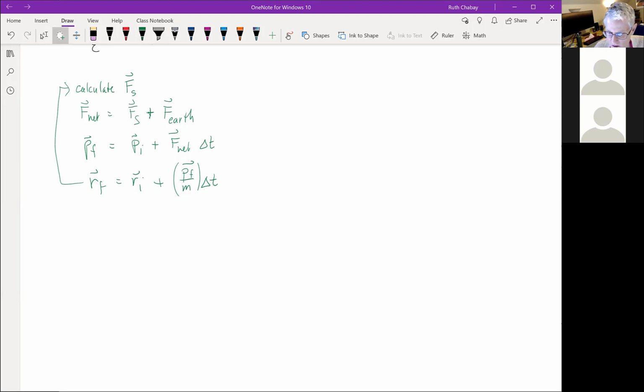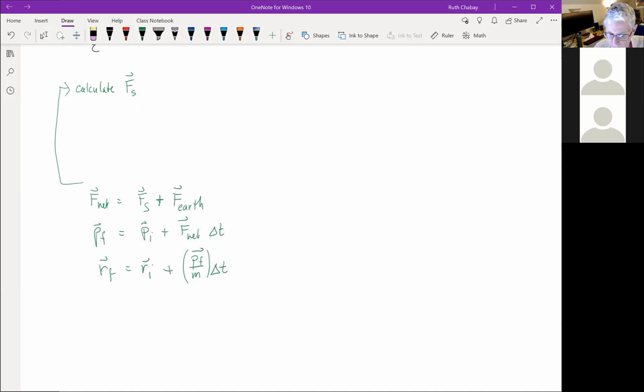So let's give ourselves a little room to write down what we did here. To calculate the spring force, what we need to do is find L, which is the vector from the position of the block to the position of the floor, or the end of the spring.